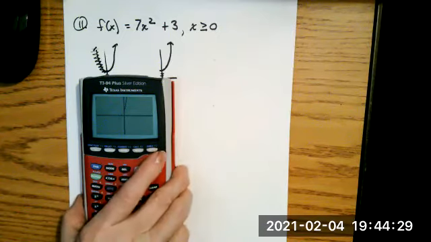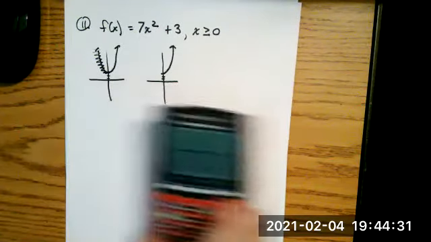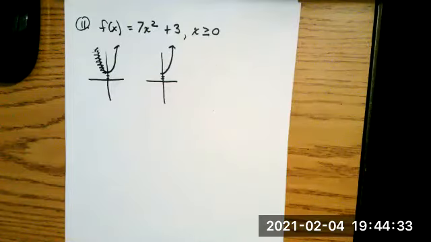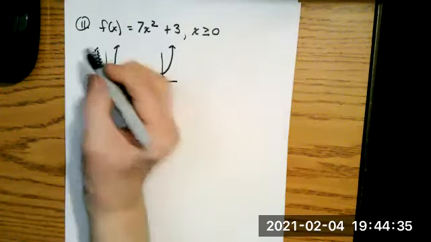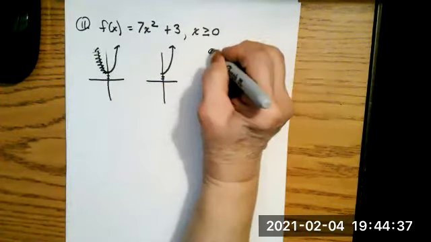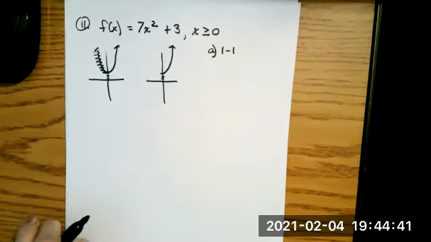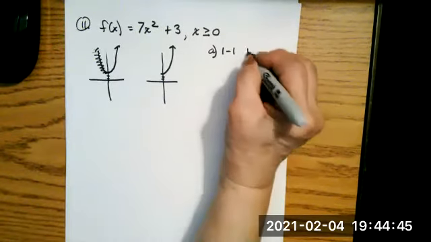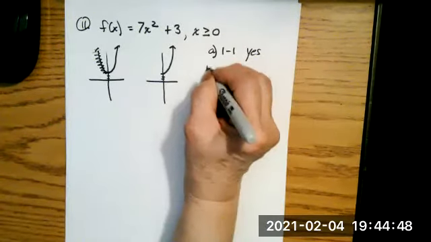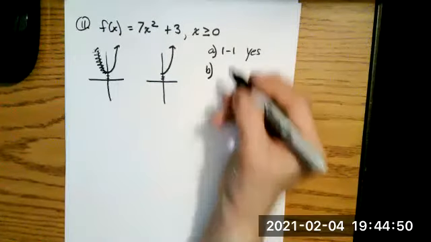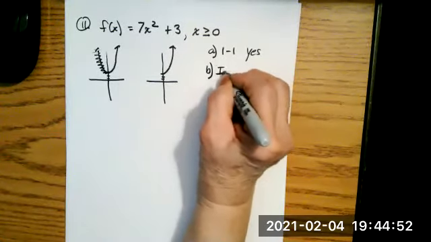So what we've done is restrict the domain. So let's see what happens. Now, since I've restricted this domain for the A part, is it 1 to 1? Yes. Thank you, brother. So now since it's 1 to 1, I can find the inverse.